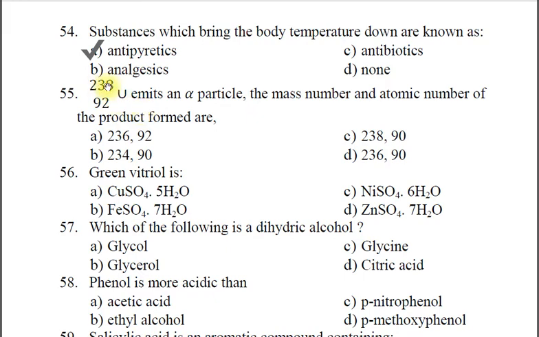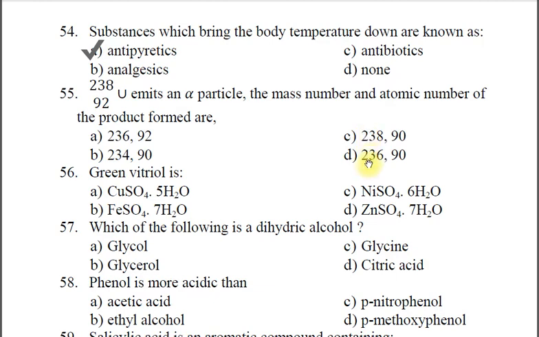So 238 92 uranium emits an alpha particle. The mass number and atomic number of the product formed are A, 236 92, B, 234 90, C, 238 90, D, 236 90.